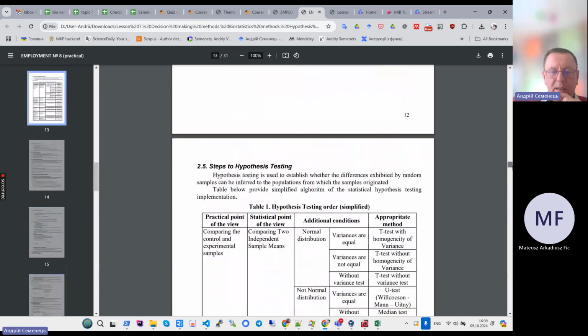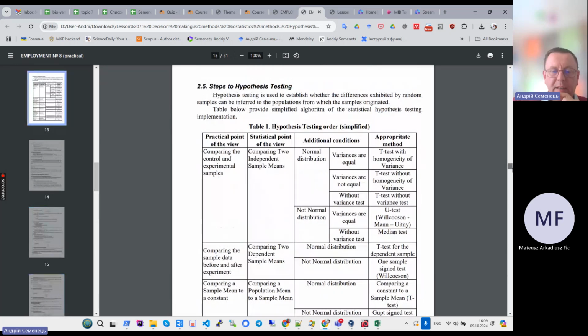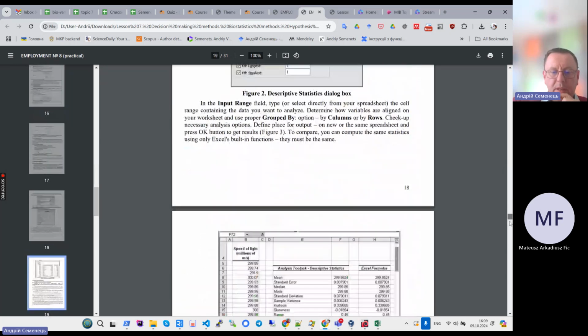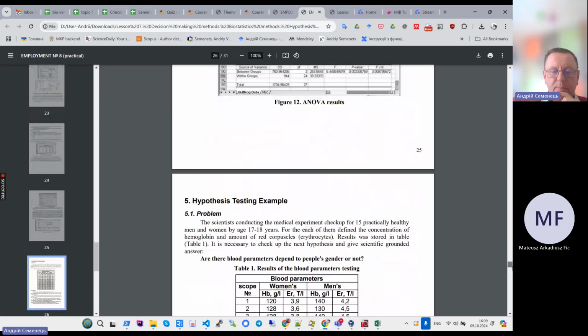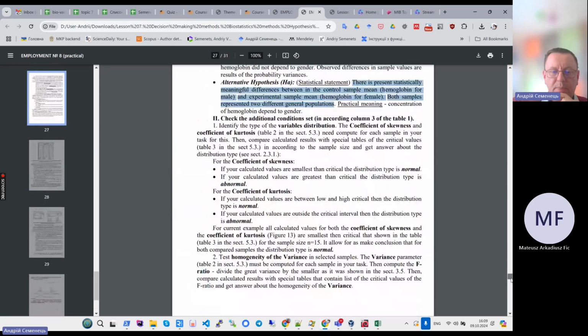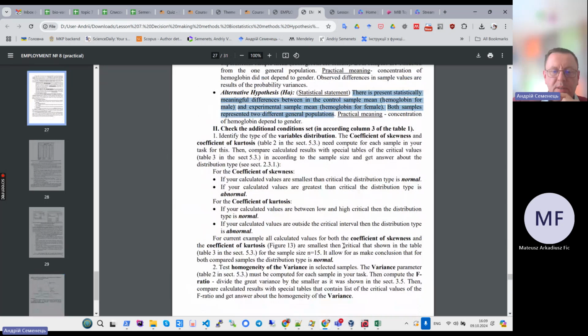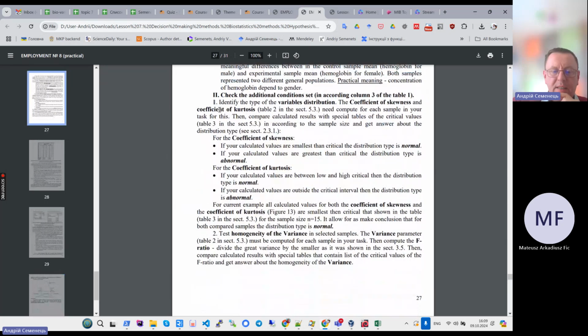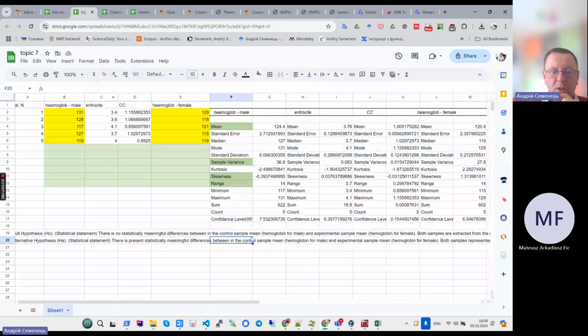To move forward, according to the table, I have to verify the distribution type. The simplest way to do it is to use skewness and kurtosis. The bottom part of page 27 explains how to do it. You just check your values here, not range, sorry, but skewness and kurtosis.